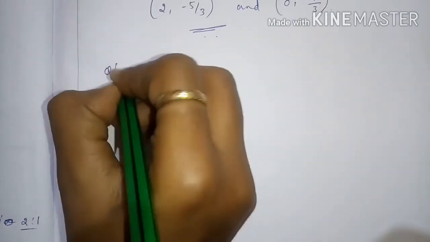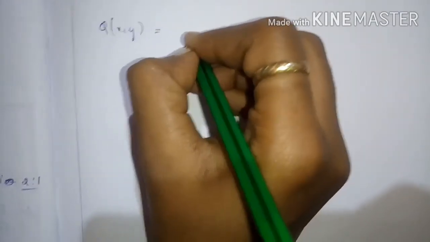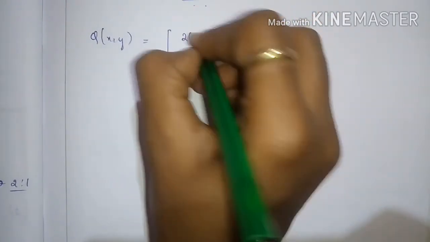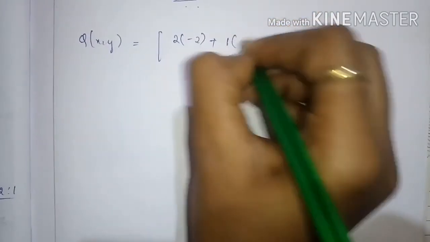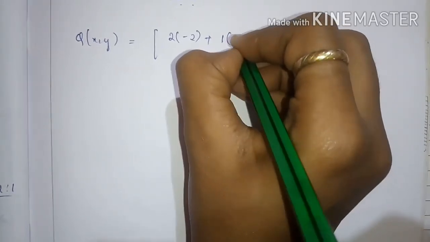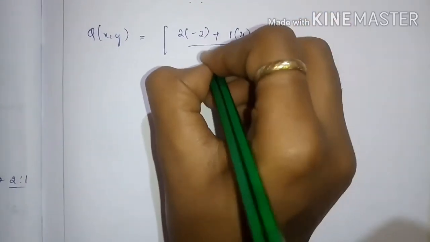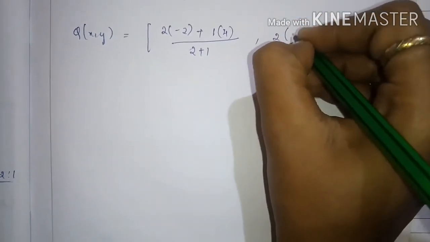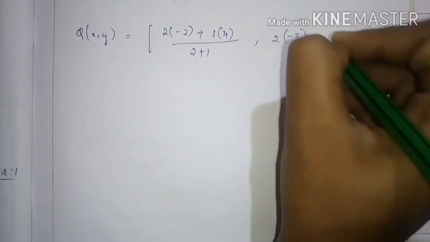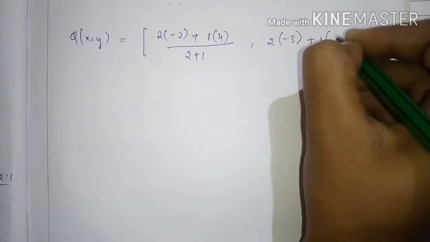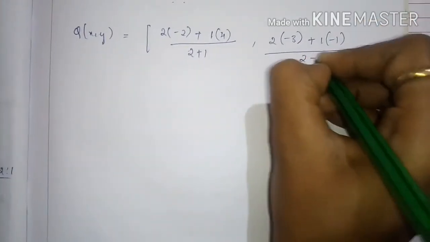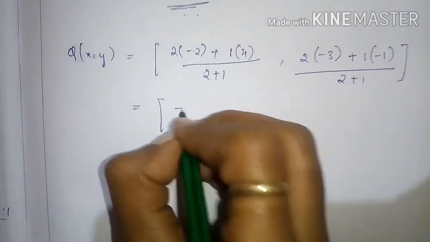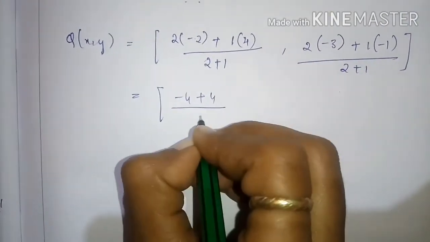That is Q of x comma y is equal to, m1 is 2, x2 is -2 plus m2 is 1, x1 is 4, divided by 2 plus 1. That is m1 is 2, y2 is -3 plus m2 is 1, y1 is -1, divided by 2 plus 1. Okay, -2 times 2 is -4 plus 4 divided by 3.